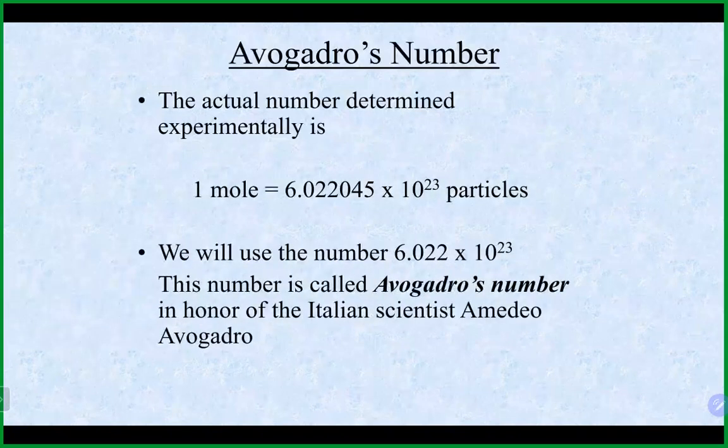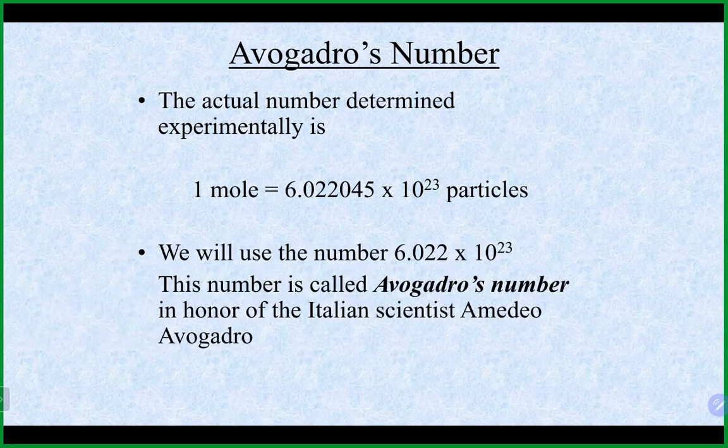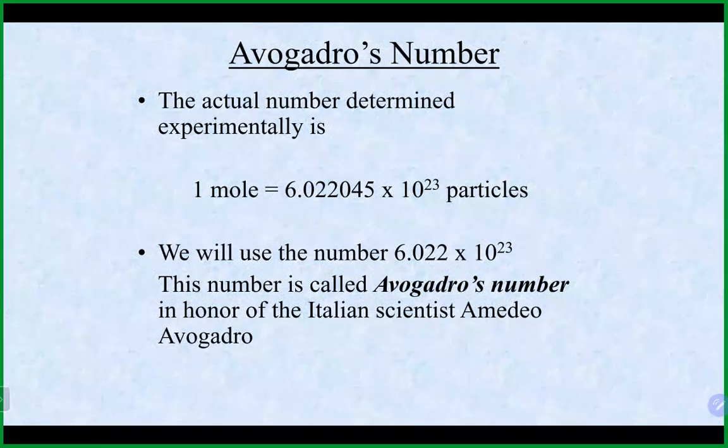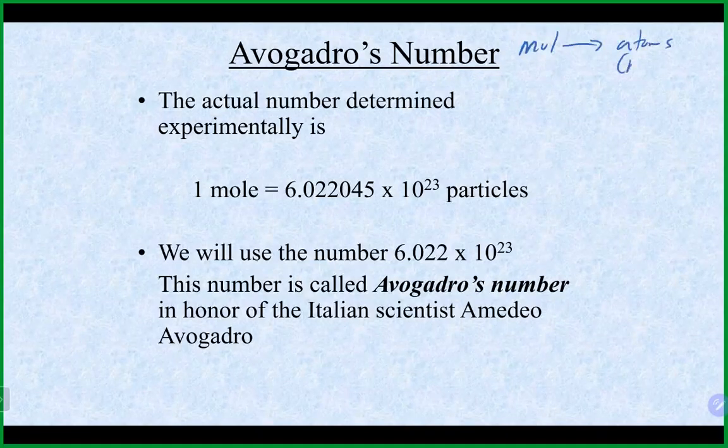And we use Avogadro's number as a conversion factor. We use it to convert between moles and atoms or moles and molecules. Very commonly, we use this as a conversion factor to go between moles and atoms or molecules, and backwards.